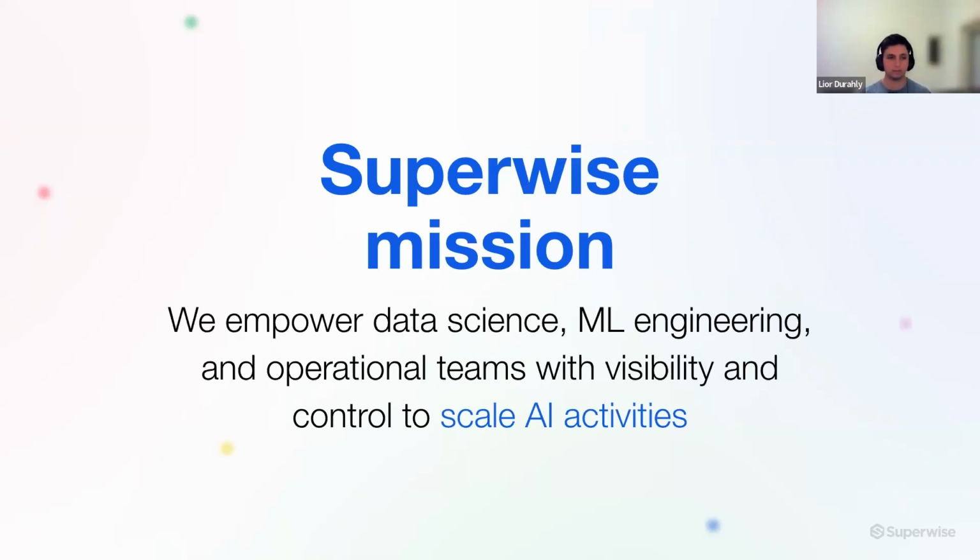Superwise is a machine learning monitoring platform. We're helping ML teams to monitor their models in production systems. We are calculating metrics like data quality, data drift, and many performance metrics.